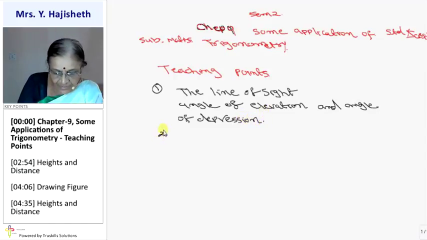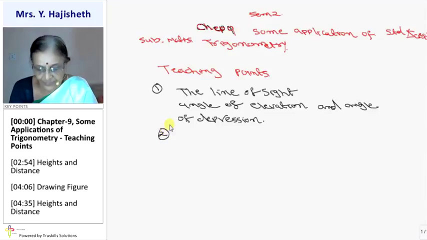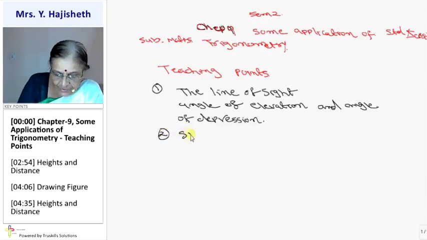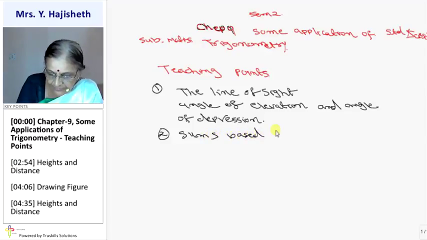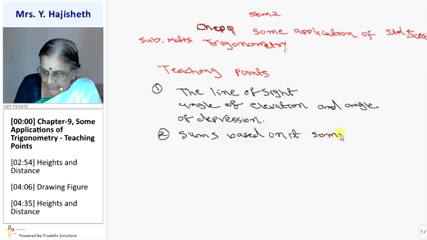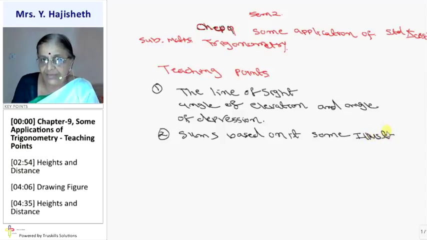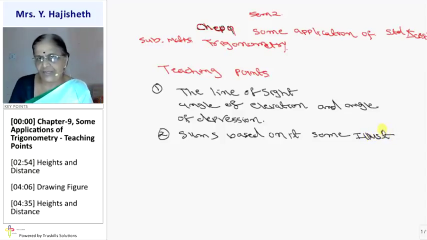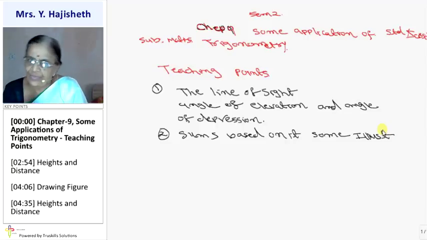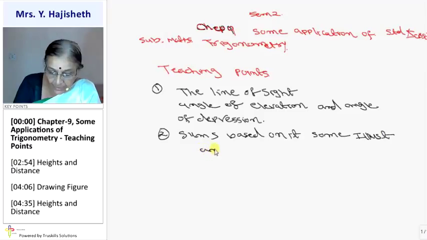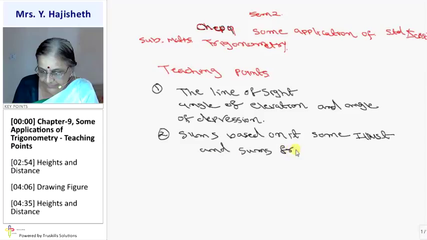After understanding these 3, we can directly start doing sums based on it. Some illustrations also we are going to do, and there is only one exercise and about 16 sums are there. We are going to do those sums and some illustrations. Only one exercise, and that is exercise 9.1.